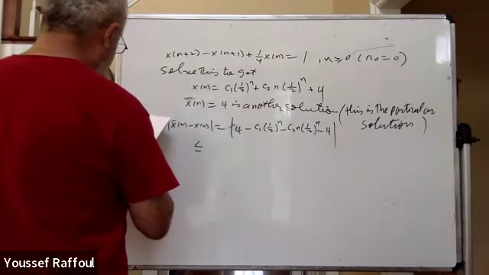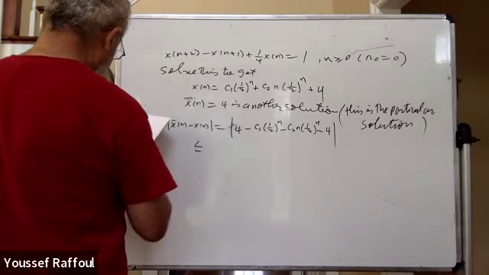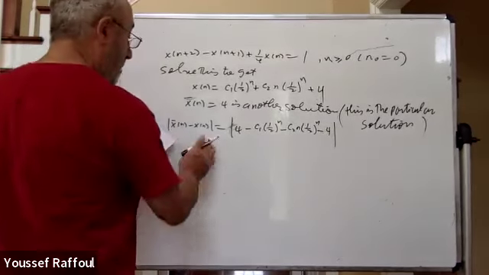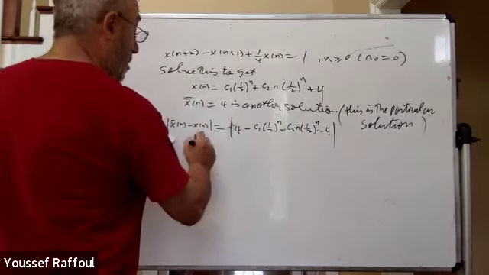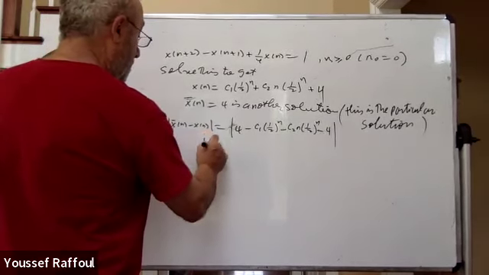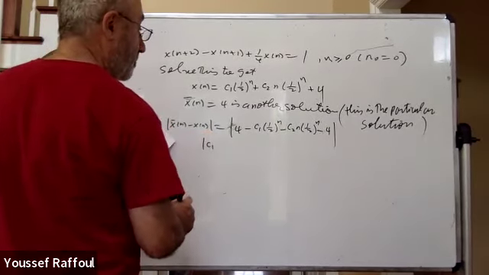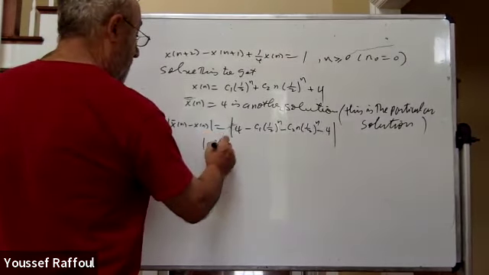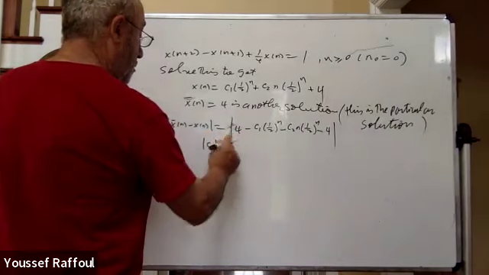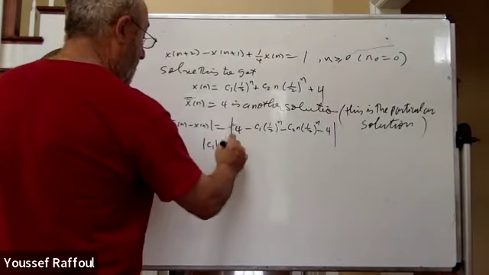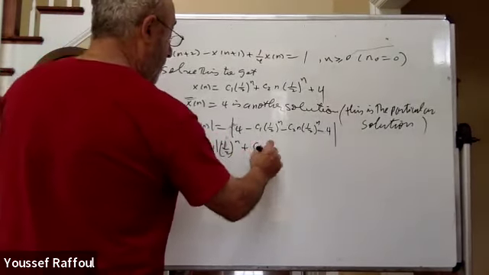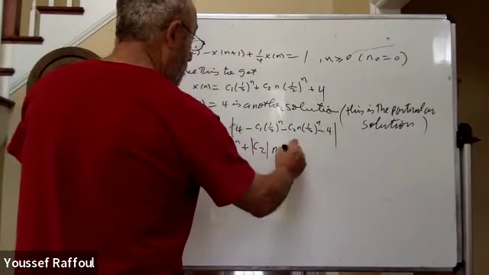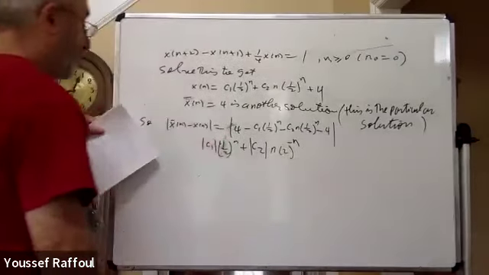So may I say, this is less or equal to C1 times (1/2)^n plus C2 n times 2 to the power minus n.